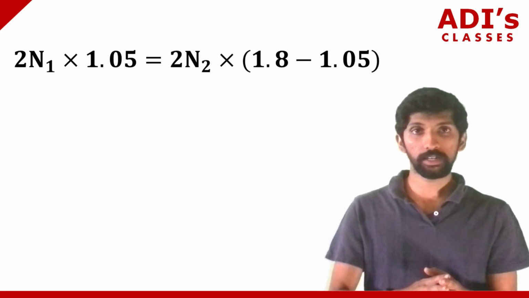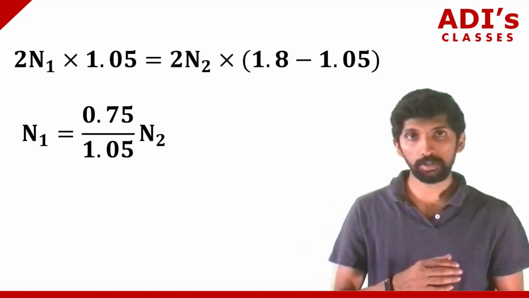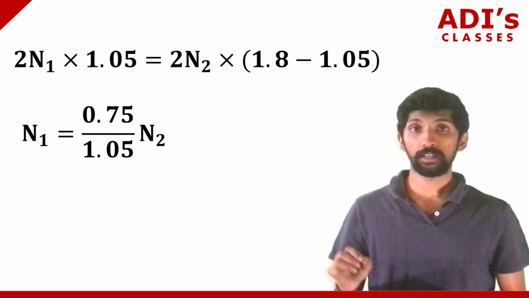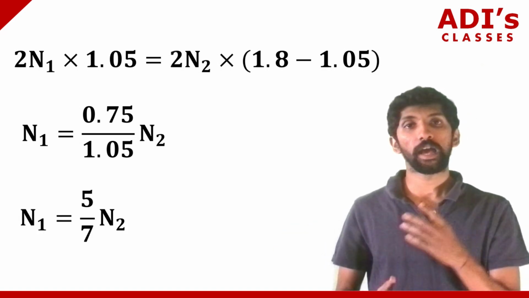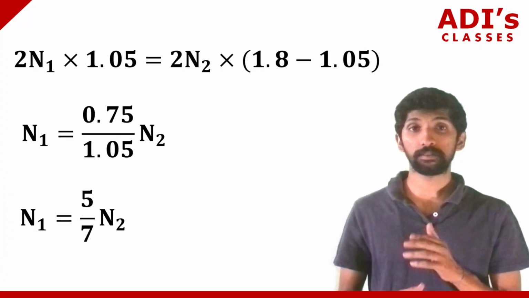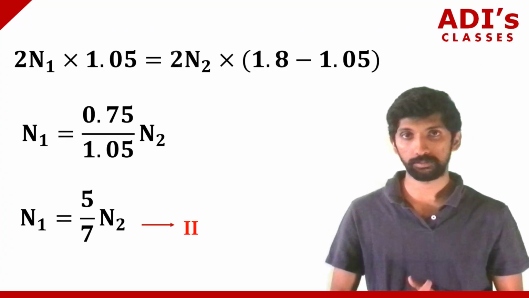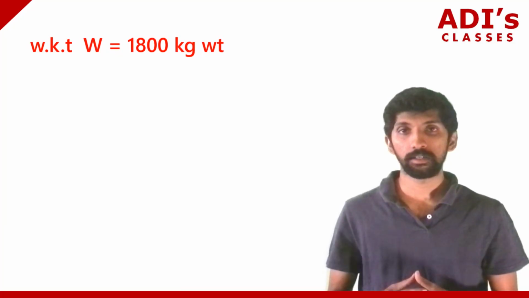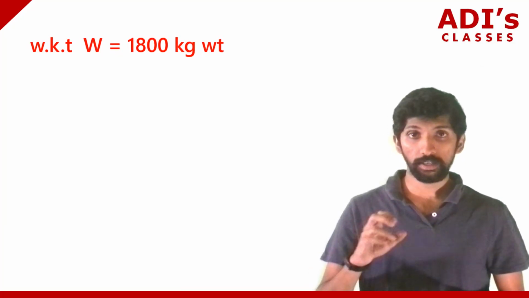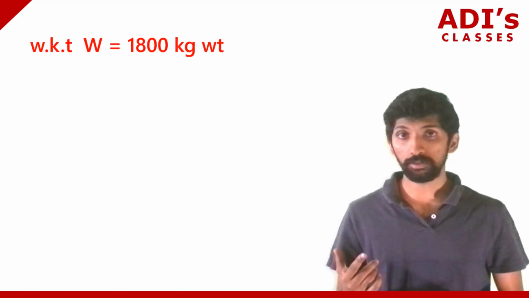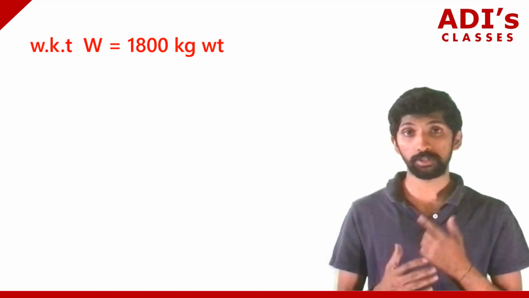So we'll write N1 in terms of N2. That is, N1 is equal to 0.75 by 1.05 into N2, or N1 is equal to 5 by 7 N2. This is equation number 2. Now what is the given weight? 1800 kg, correct? So in place of N1 we can substitute 5 by 7 N2 in equation 1.